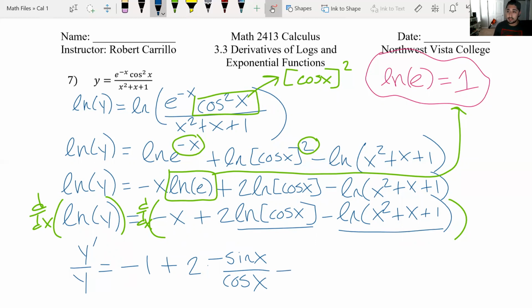The derivative of the inside function, the derivative of x squared plus x plus 1, is 2x plus 1 over the inside function, x squared plus x plus 1. Okay.